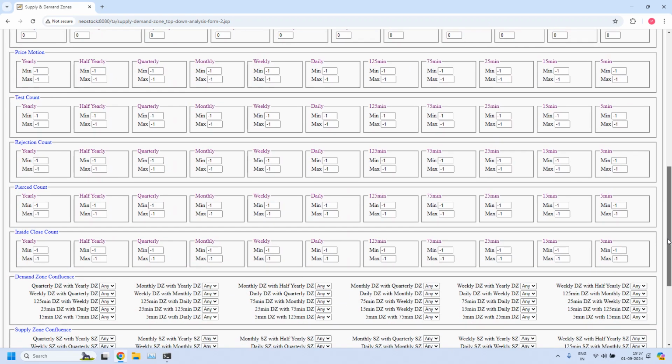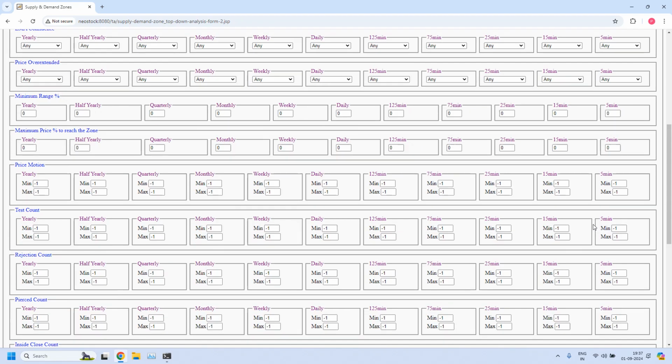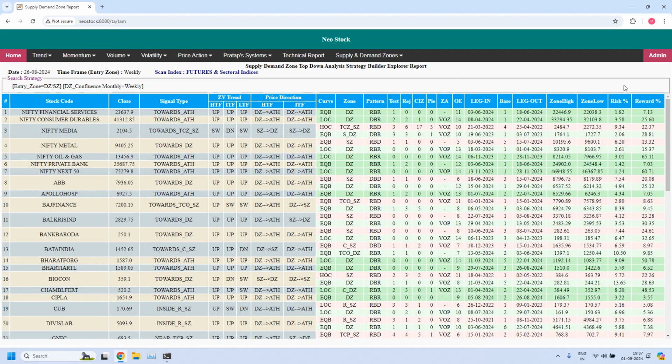How many stocks are having demand zone confluence? Which one are we referring to? Weekly zone. So let us say weekly demand zone with monthly demand zone confluence. Let us identify how many stocks are getting filtered.